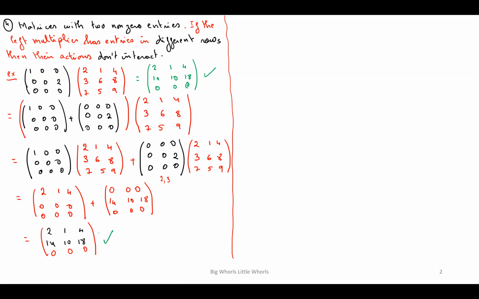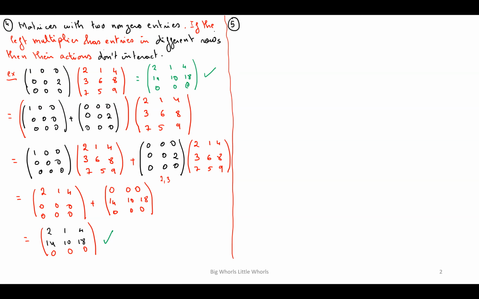Now let's continue with this remark. Remark 5: if the entries are in the same row, then the actions do interact.